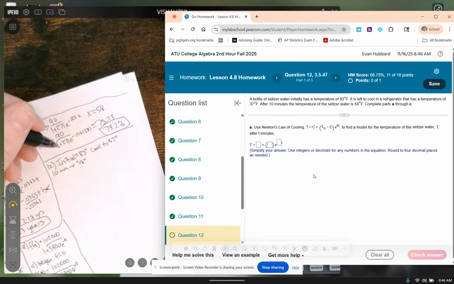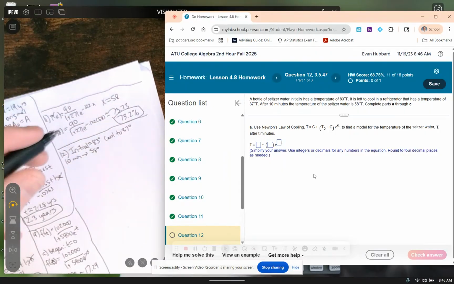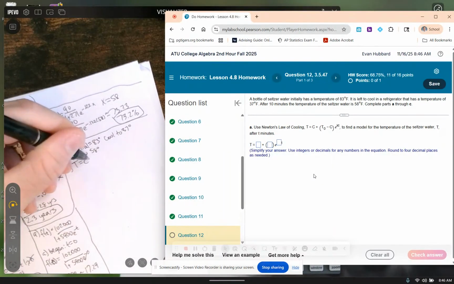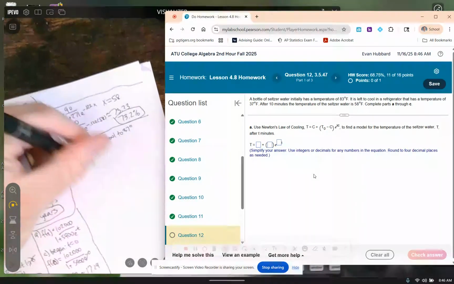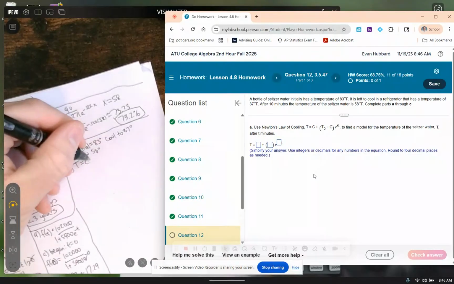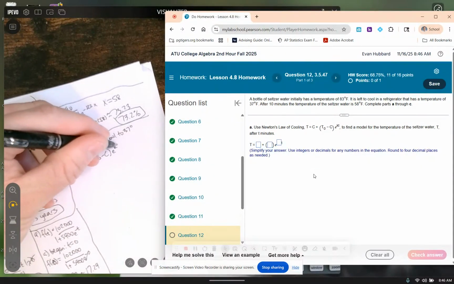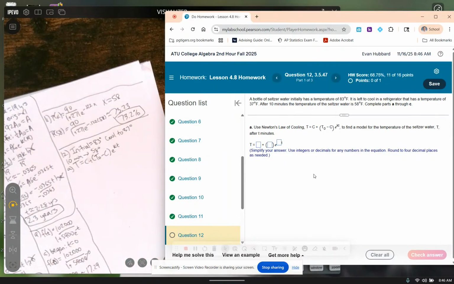Complete parts A through C. So A: use Newton's law of cooling. I better write down this formula. T equals C plus T naught minus C times e to the kt, to find the temperature after t minutes.